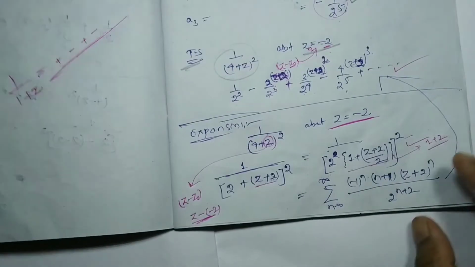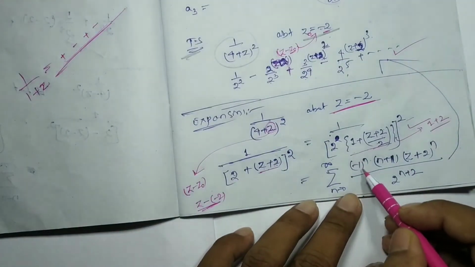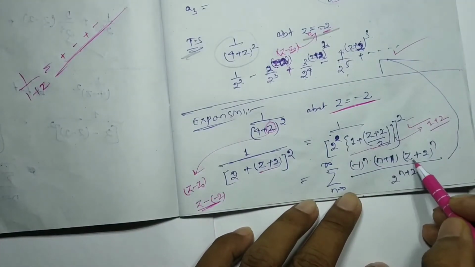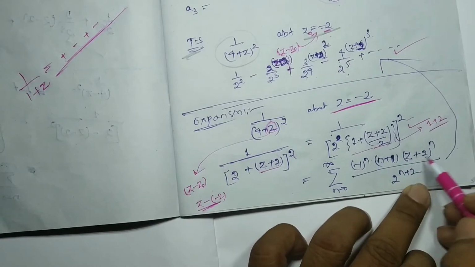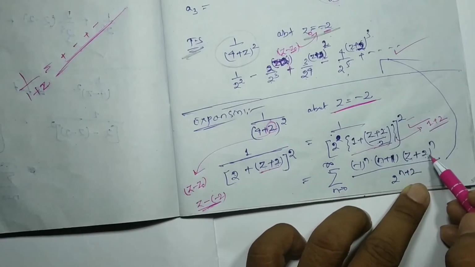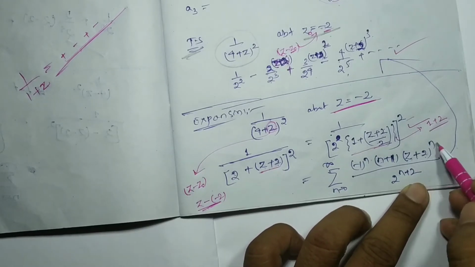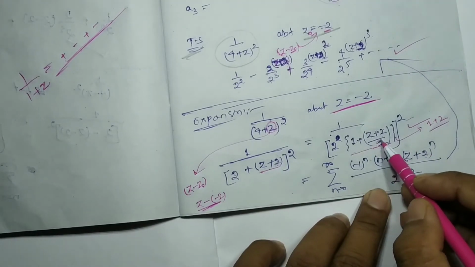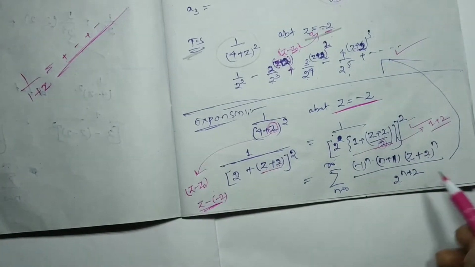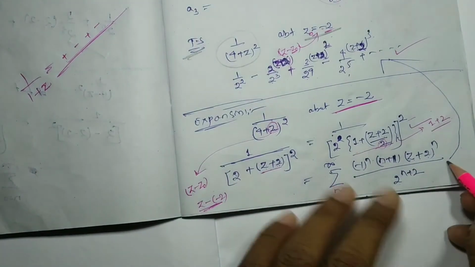So hence we have to consider minus 1 to the power n plus 1, z plus 2. Here z plus 2 means z minus z0, that means z minus minus 2, will be z plus 2 to the power n, and here the division factor is 2, so 2 to the power n plus 2. You just expand this one and you can get this series.